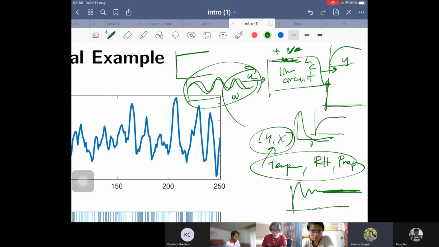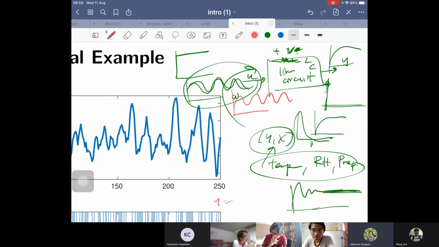Okay, we need to review a lot. If you apply a sinusoidal input, a sinusoidal input is a sustained oscillation.